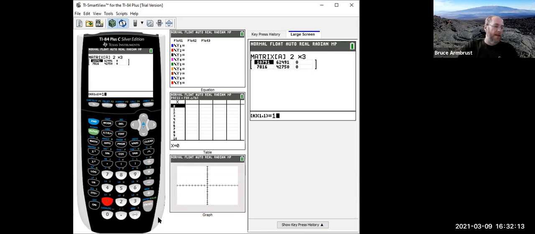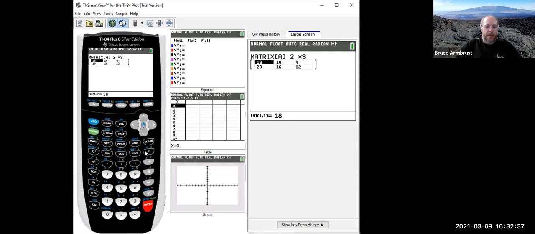We've got 18, 10, and 4 for our college grads. For our non-college grads, we have 20, 16, and 12. So there's our matrix A.